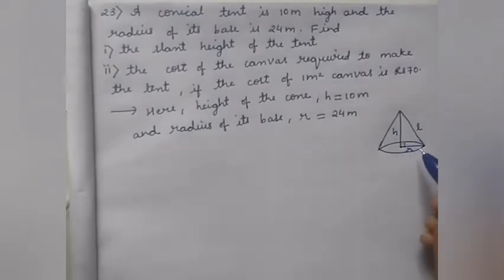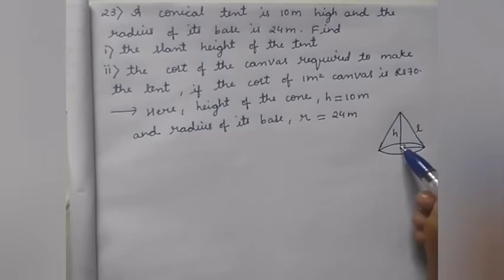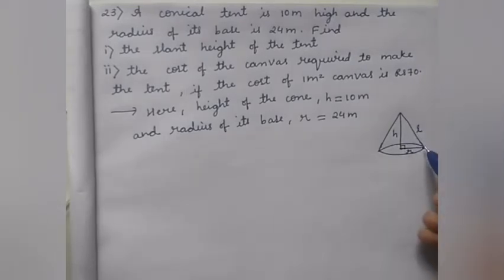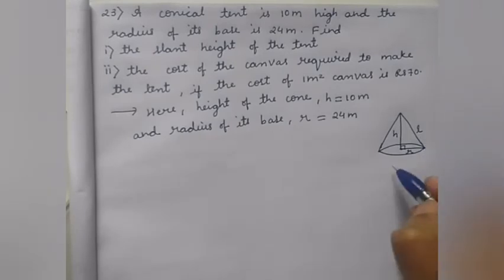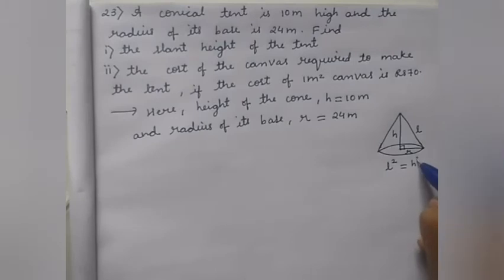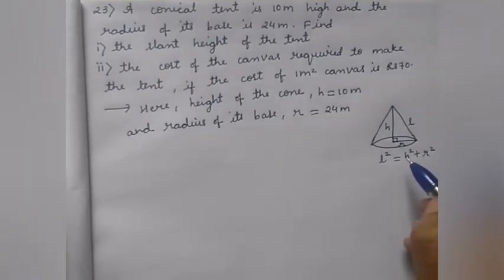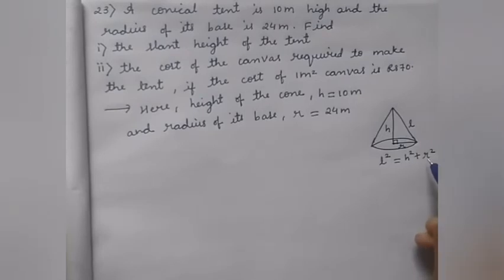Since it is a right angle triangle, applying the Pythagoras theorem, opposite to this 90 degree angle will be the hypotenuse. So we can write L square is equal to h square plus r square. Now h and r are given, so we can easily find L using this relation.